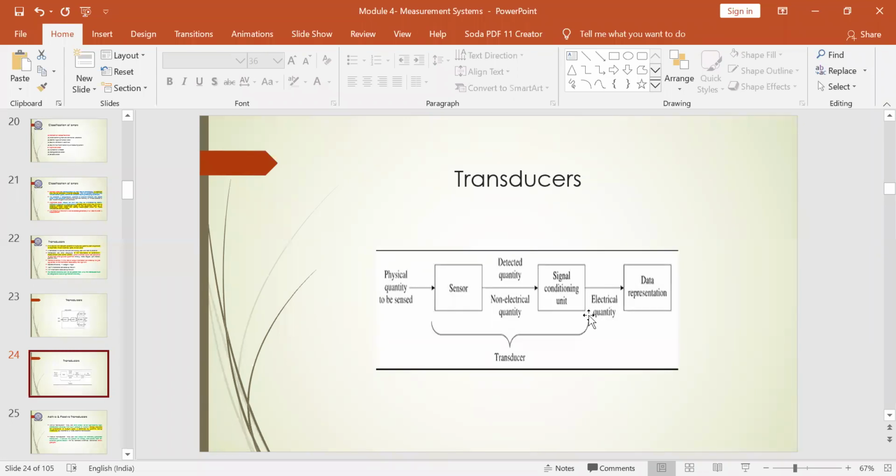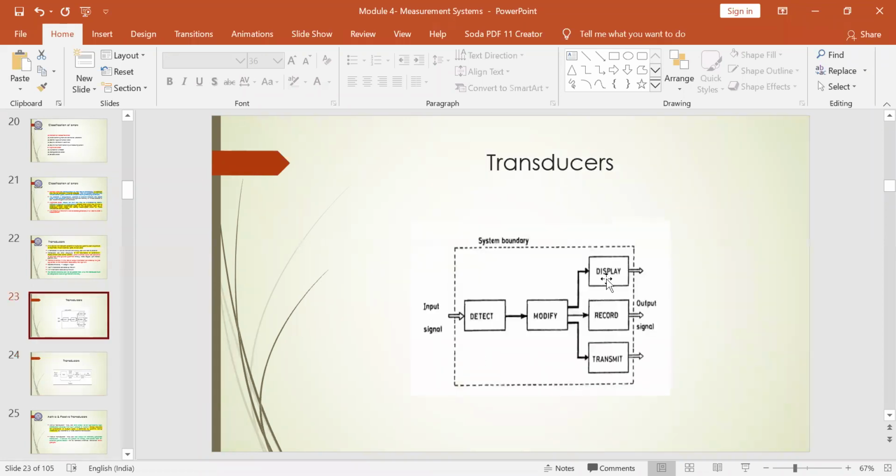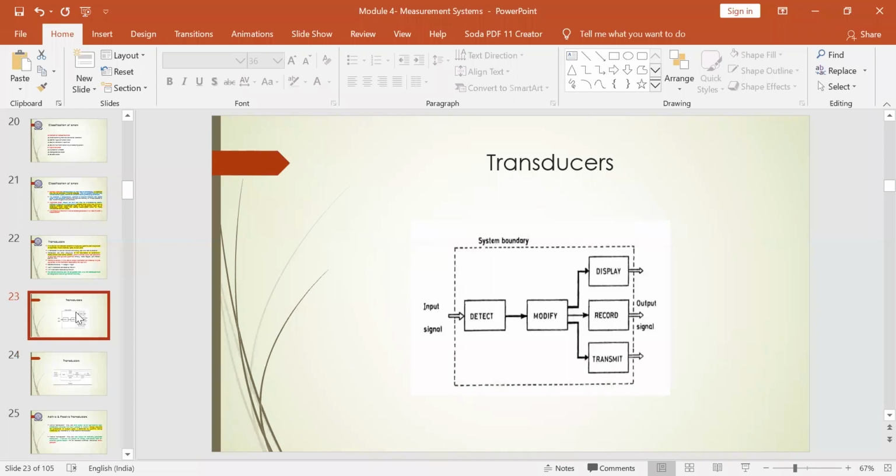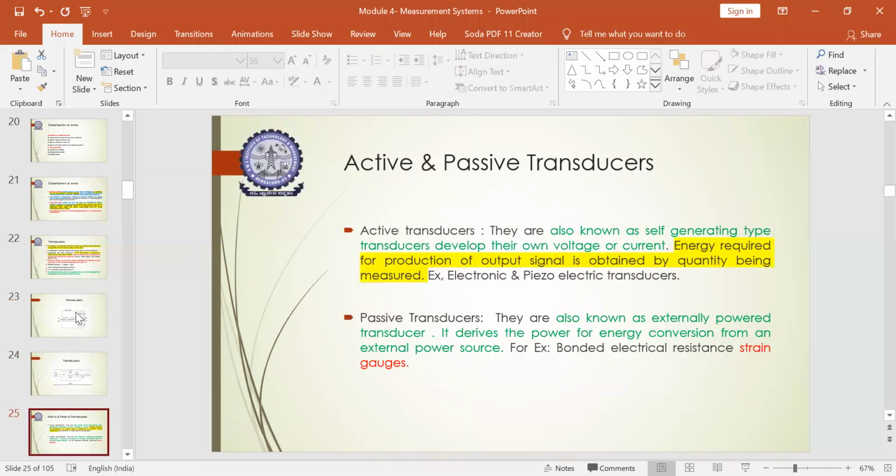This electrical quantity is then transferred to the data representation, which could be a display, or the data can be recorded, or transmitted to any other device if it is connected. So this is an example of how the transducer works with respect to the block diagram, the basic device construction.